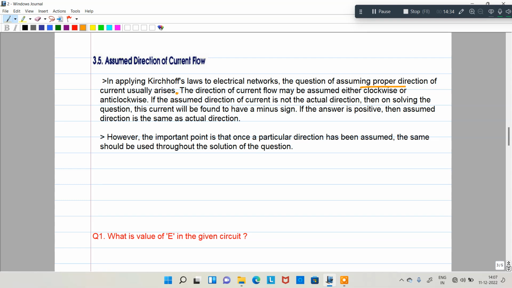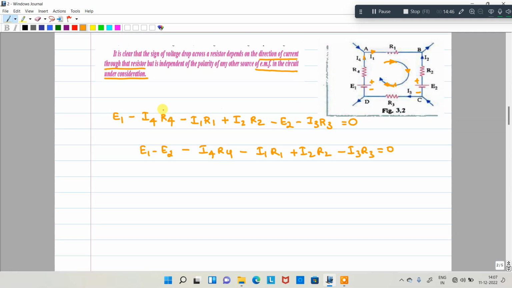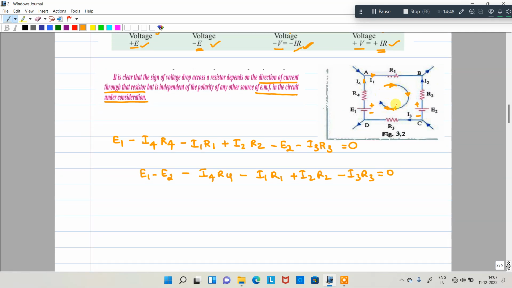So while you assume the current direction, you need to assume a proper direction. The direction of current flow may be assumed either clockwise or anti-clockwise. Looking at the diagram here, I am assuming a clockwise direction, but an anti-clockwise direction is also possible.